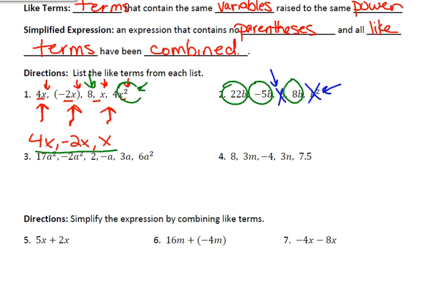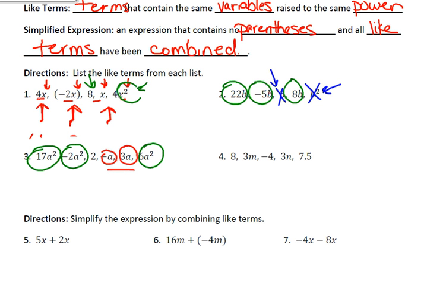So number 3, when we look, I'm going to erase this top one here so I can see. So I have 17a squared, negative 2a squared, and 6a squared. These are all like terms because they all have a squared in them. Okay? On the other hand, I have negative a and 3a.